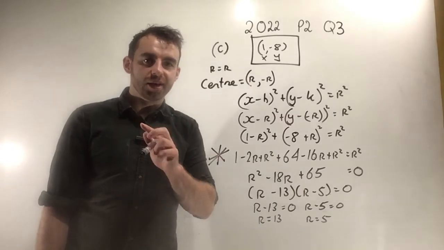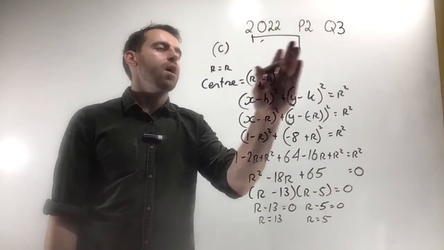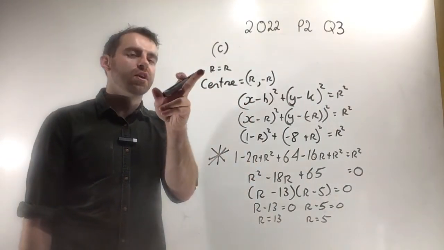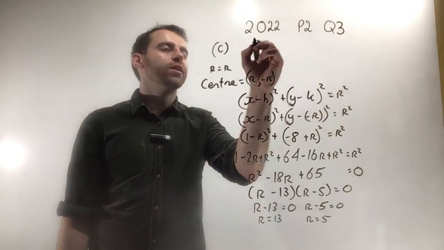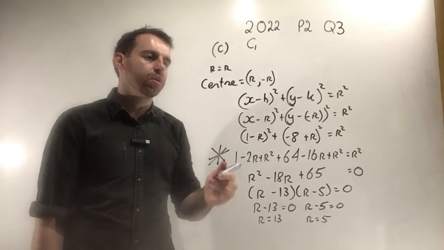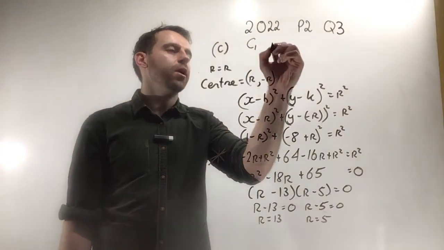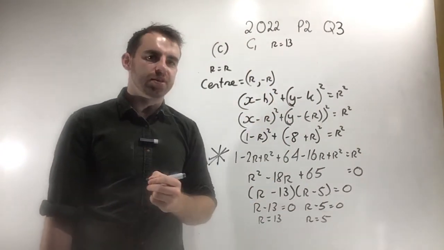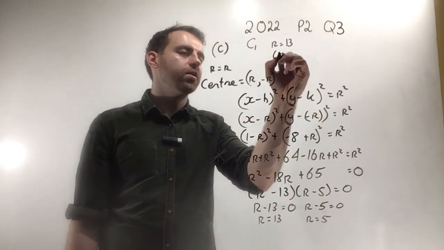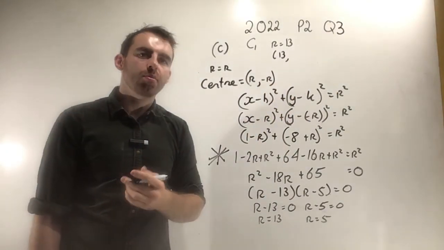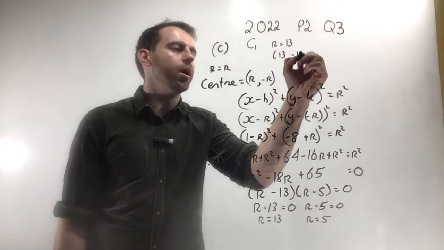Now, the question was to get the equation of the two circles. And remember, the first thing we said was, if I know the radius, I'll also know the center of the circle. So let's call C1 the first circle we're going to get. The first scenario is that the radius could be 13. If the radius is 13, then the x-coordinate of the center is also 13, but the y-coordinate of the center is minus 13.